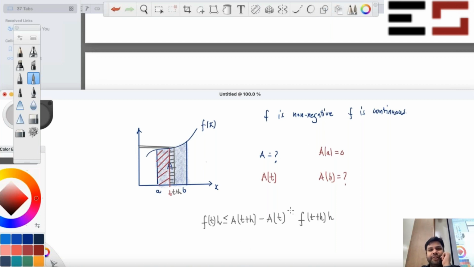So do you agree the term in the middle is squeezed between these two? Yes. Now h is positive. If I divide this entire thing by h, do you agree the inequality will still be true? Can I do this division? Okay, let's do that.